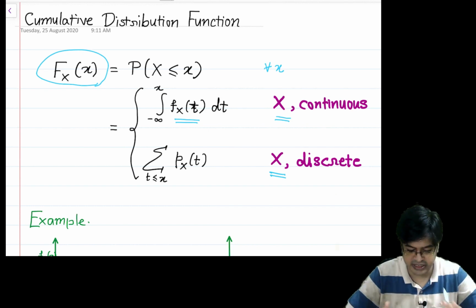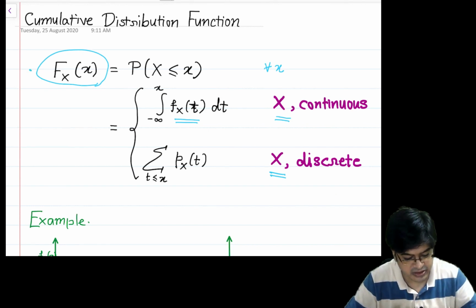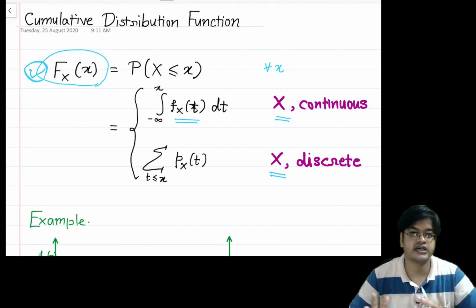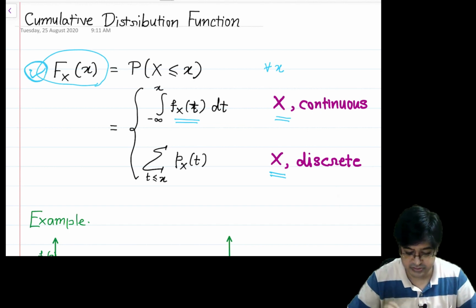So this is a simple analogy, and with this particular tool you will be able to handle both discrete and continuous random variables together.